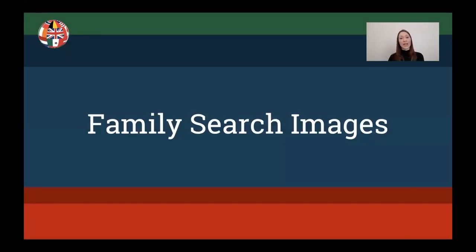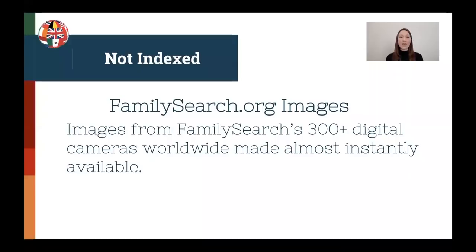All right, if you are working in a place where they are filming your records like crazy, there is FamilySearch Images. They have 300 plus digital cameras worldwide that are filming each day.